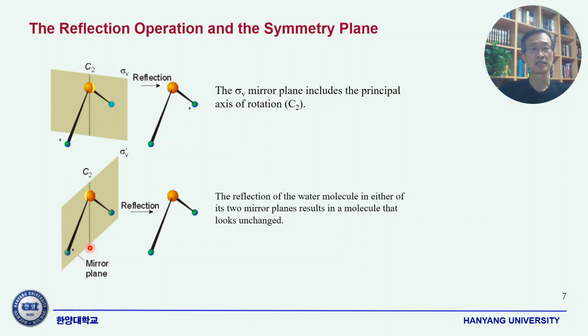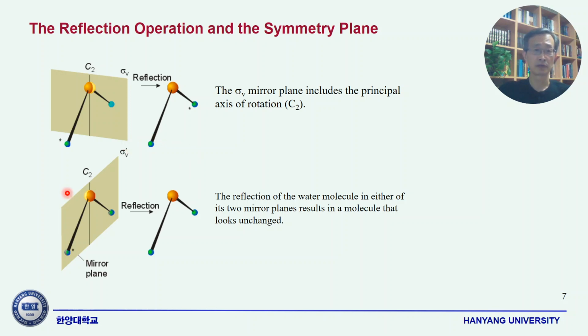But there is another sigma V vertical plane which also includes the C2 axis. In this case, that sigma vertical symmetry plane includes all the atoms, HOH. Since we already have sigma V, we differentiate this plane as sigma V prime.